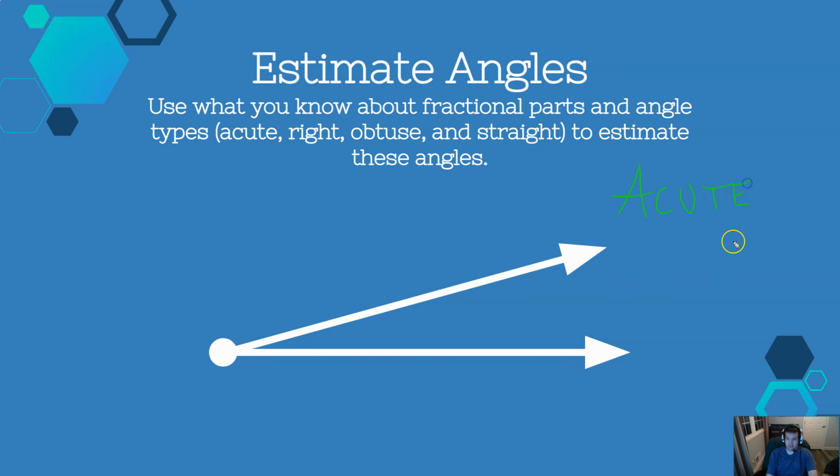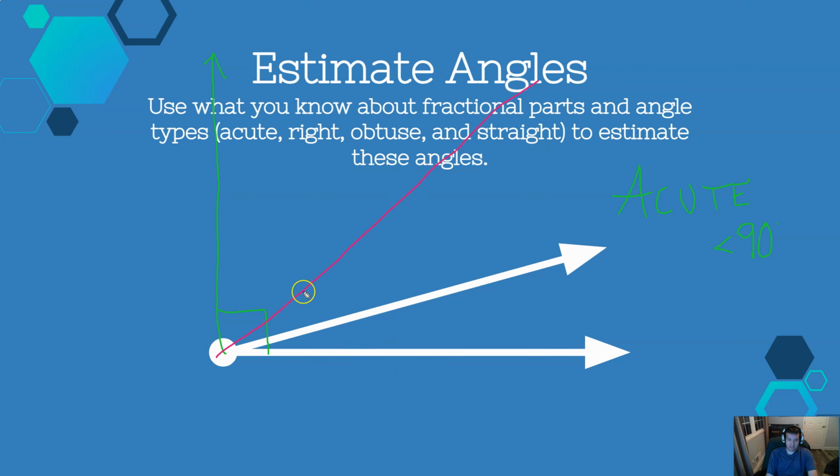Acute angles always measure less than 90 degrees, right? So if I imagine a 90 degree angle, this is probably what a 90 degree angle would look like, right? It seems like it's way less than 90 degrees. If you think about the halfway point like we were just doing in the other one, this is about the halfway point, right?